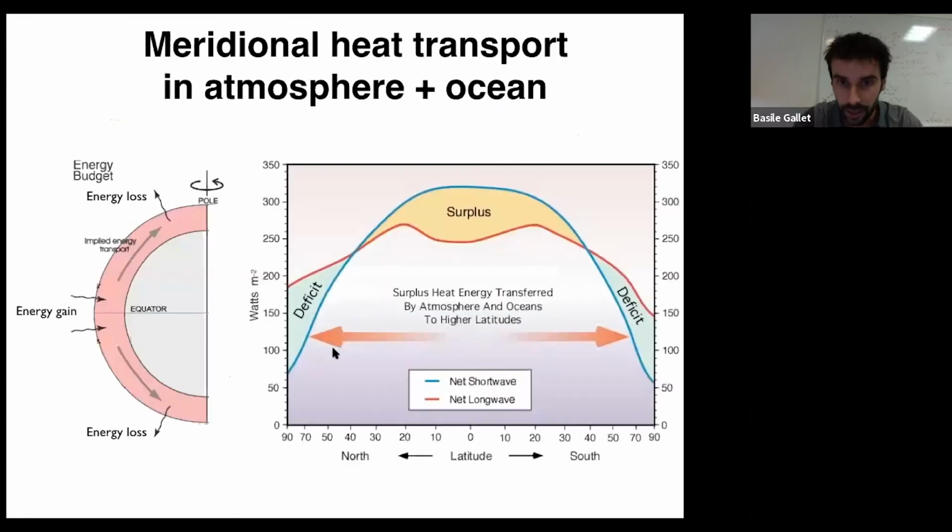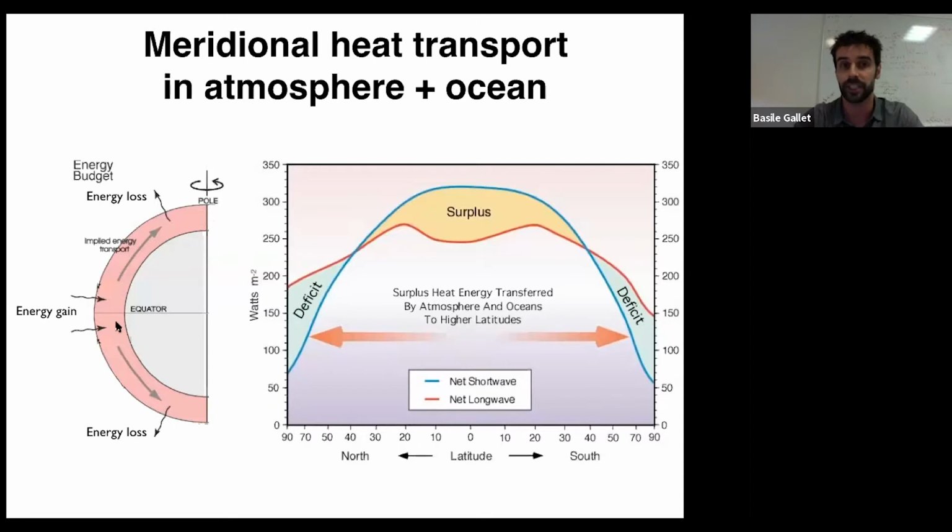Okay, so the basic problem is the following. You have a planet here that receives heat from a nearby star, and it's receiving more heat at the equator than at the poles. Without the fluid envelopes of the planet, you would have a huge temperature difference between the equator and the poles.